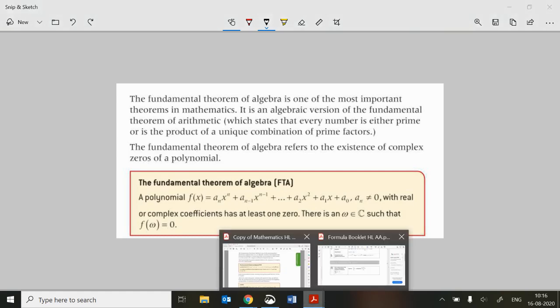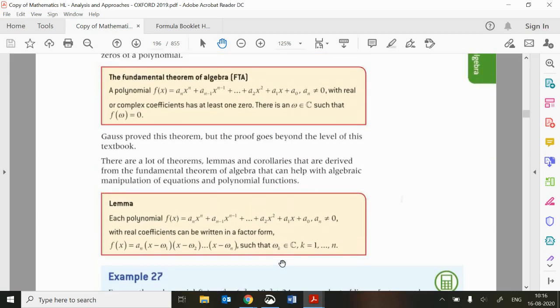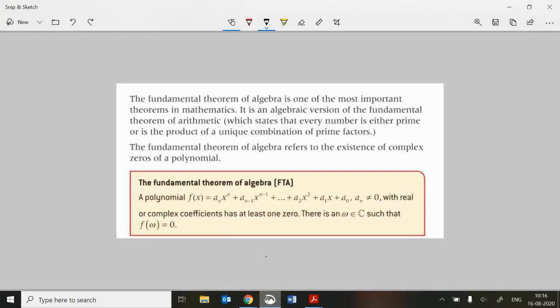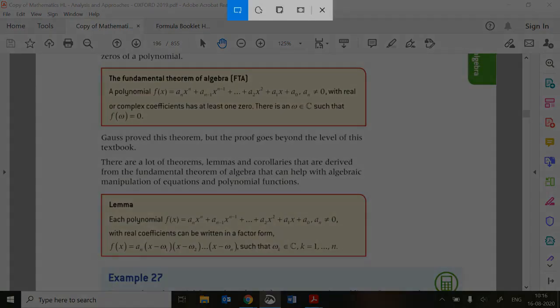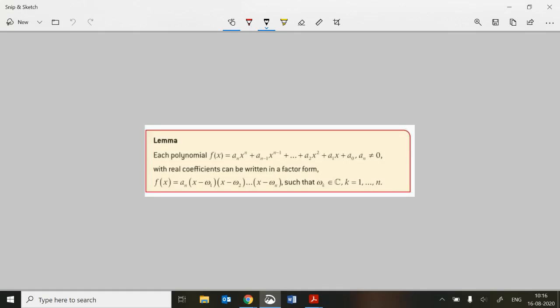Well, in fact, it does lead to a little bit more. It leads to this lemma, which is essentially just a little extension. This is the version more people mention, because it says that there's not only one solution: so long as there's still a polynomial left, we can keep taking out the next solution.